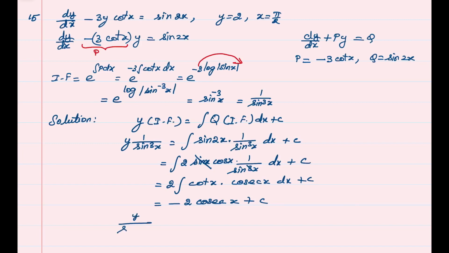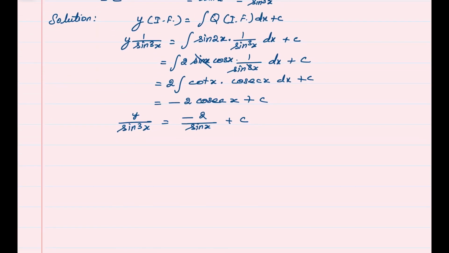Y divided by sin cube x is minus 2 divided by sin x. 1 divided by sin x is cosecant x plus c. We will multiply the whole equation by sin cube x. Therefore, the solution is y equal to minus 2 sin square x plus c times sin cube x.